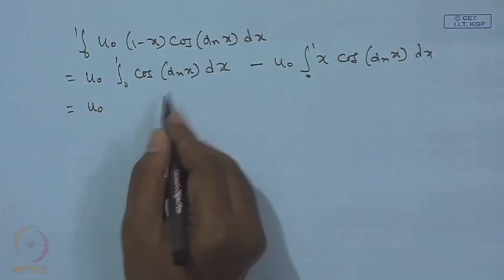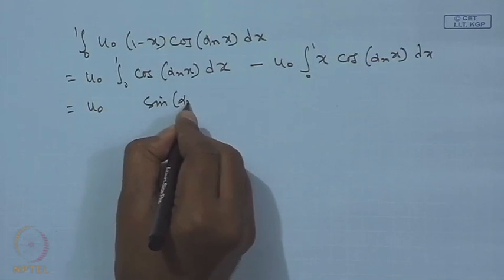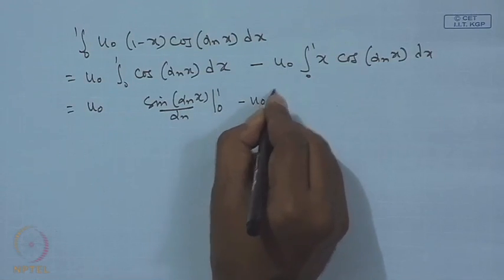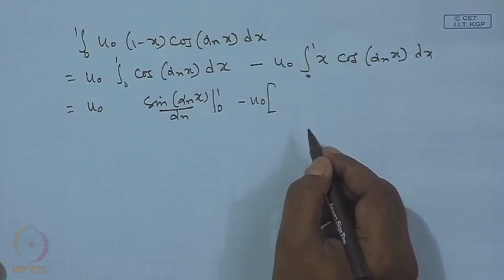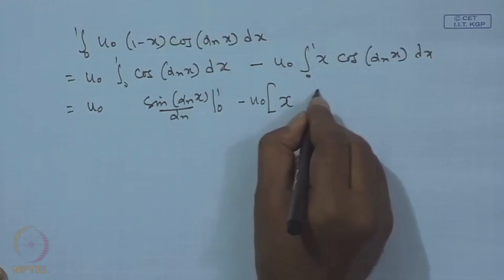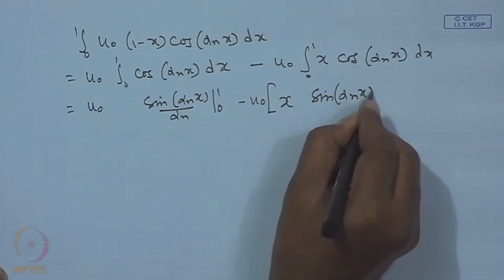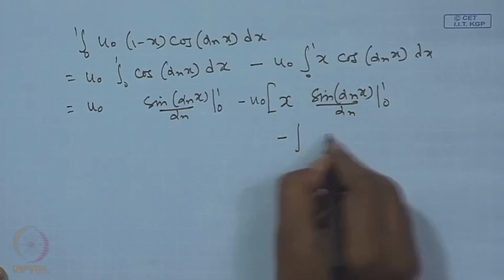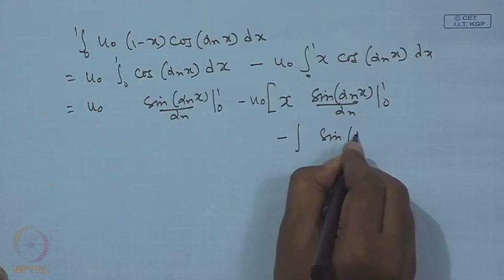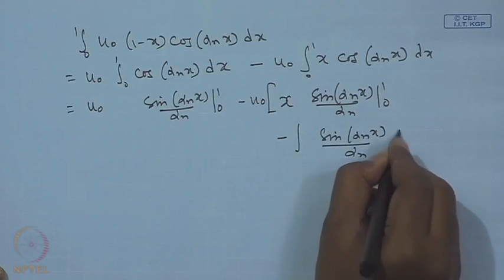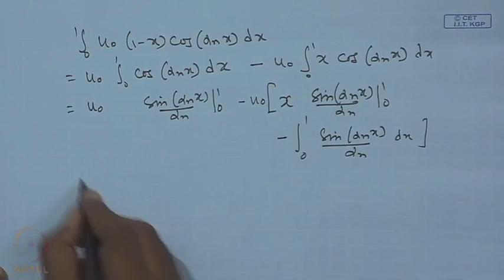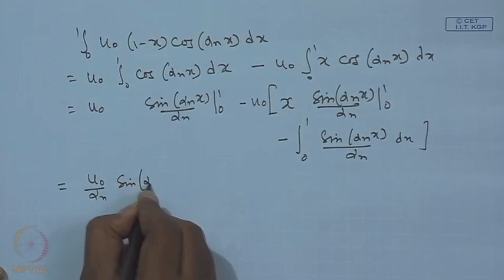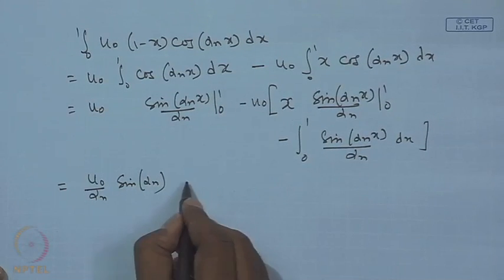So, this becomes u_0 sin alpha_n x divided by alpha_n from 0 to 1, minus u_0 times the second integral, which has to be evaluated by integration by parts: first function times integral of second function, sin alpha_n x by alpha_n from 0 to 1, minus the integral of the differential of the first function, which is 1, times the integral of the second function.